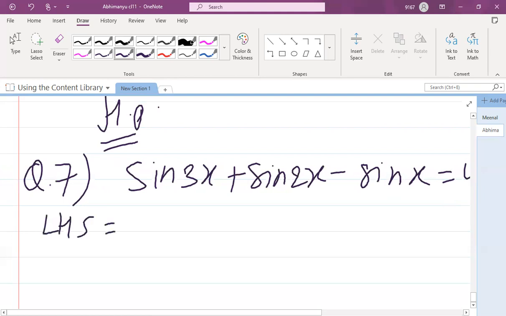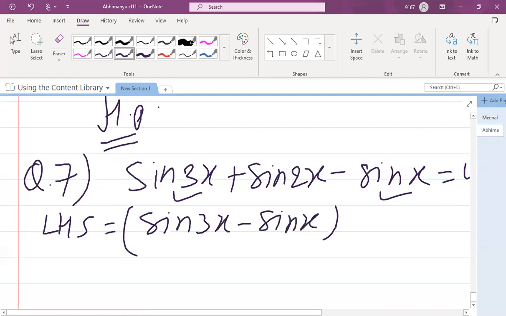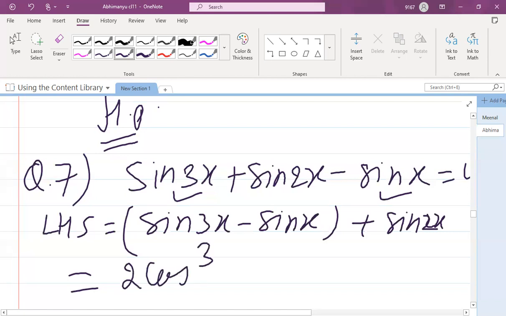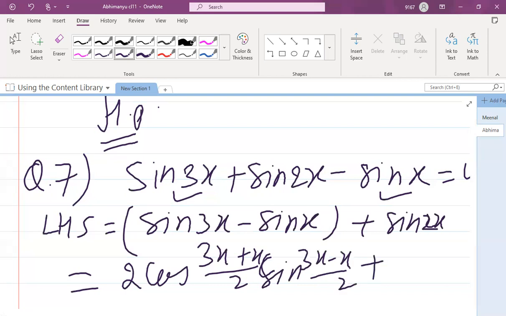equals to, take these two terms together. So sine 3x minus sine x can be taken together plus sine 2x. So what we do, sine c minus sine d is 2 cos c plus d by 2 sine c minus d by 2. And here it is 2 sine x cos x.